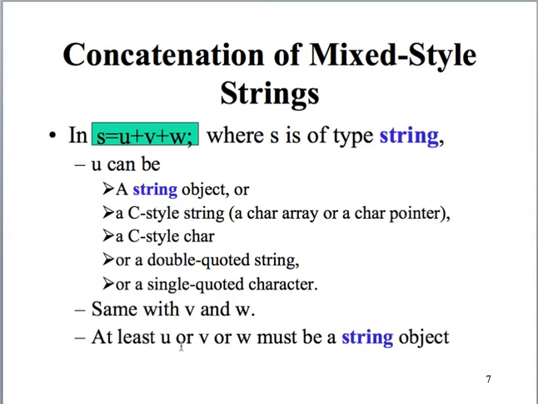The only requirement in this particular example is that at least one of the arguments on the right-hand side has to be a string object. So as long as one of them is a string object, all the other things can effectively be typecast to string objects so that I can do the concatenation.